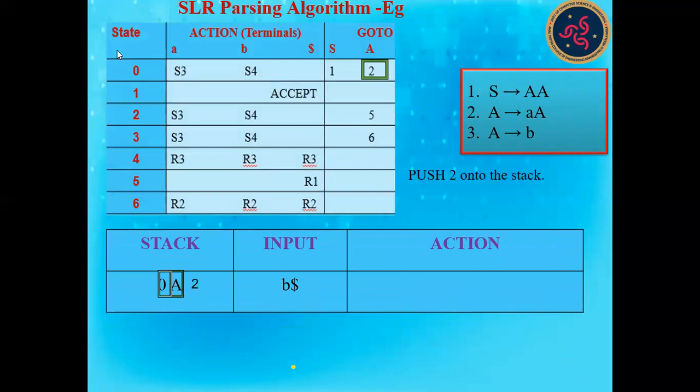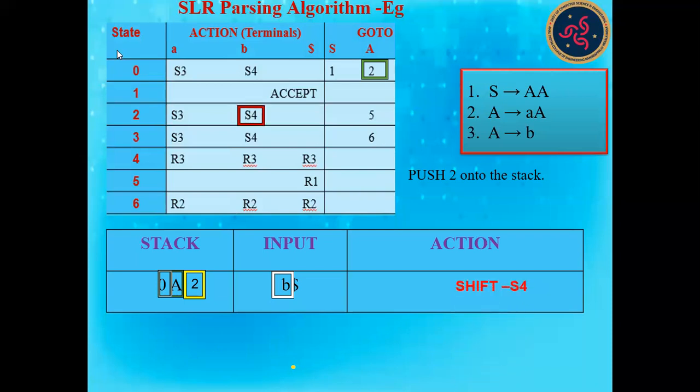So when I get the number 2 on the stack top, again I need to do the same operation. 2 and the input buffer symbol is B, right? The first symbol is B. So 2 and B. What is 2 and B? It is S4, that is a shift operation. So shift S4.